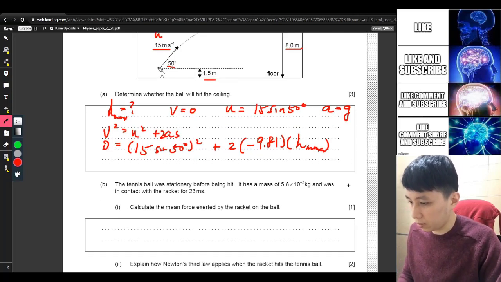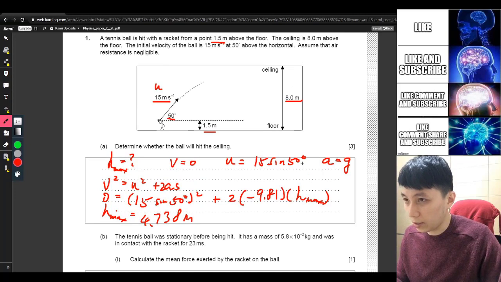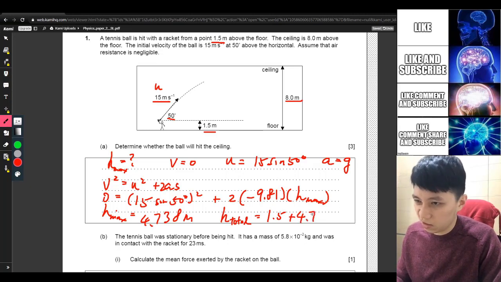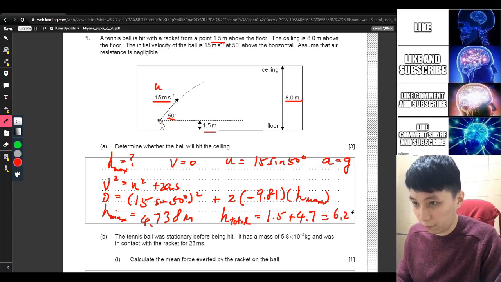Press the calculator. I find h maximum to be 4.738 meters. Then don't forget, initially we have 1.5, so the total height is going to be 1.5 plus 4.738, which is obviously going to be 6.24 only.